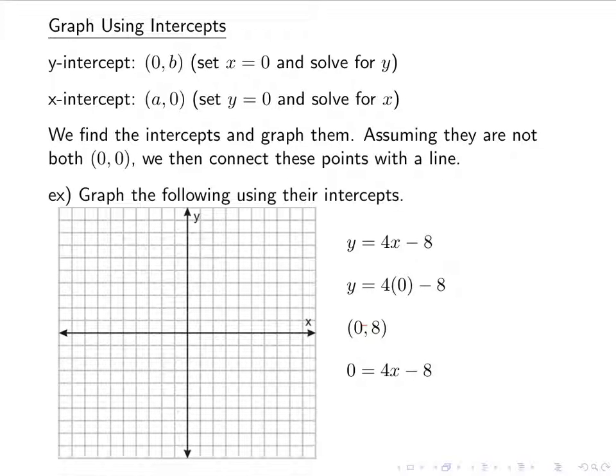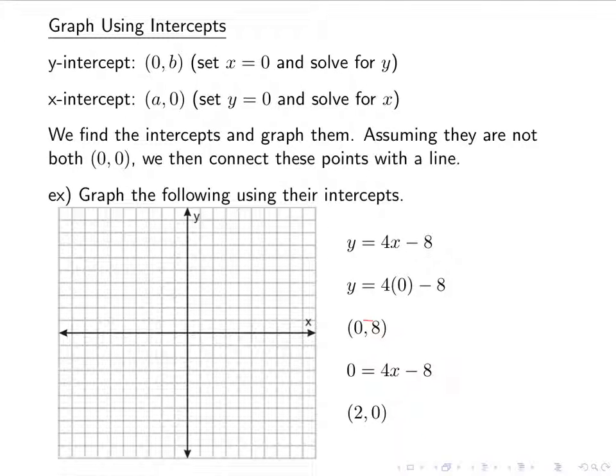And then we've got plugging in that y is 0. So 0 equals 4x minus 8. And if we solve that, we get 2, 0. So we have our 2 points, 0, negative 8, and 2, 0. So I'm going to graph those two.